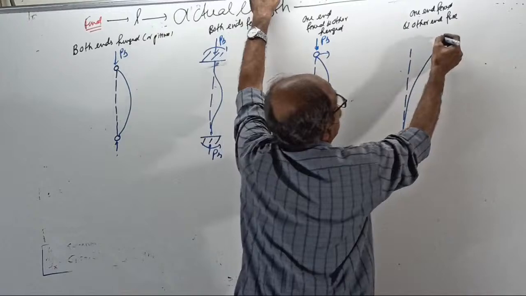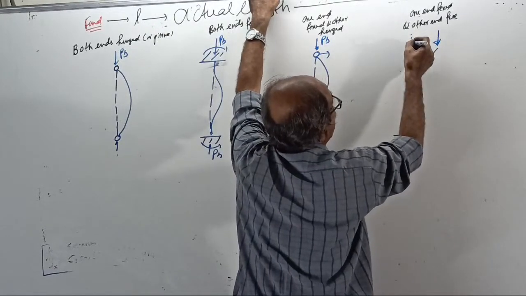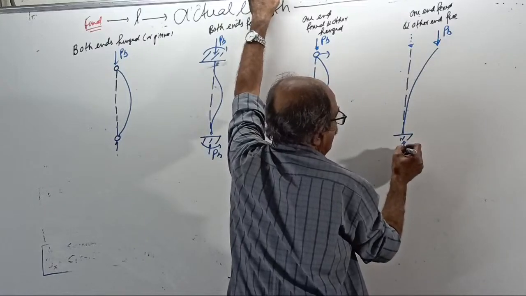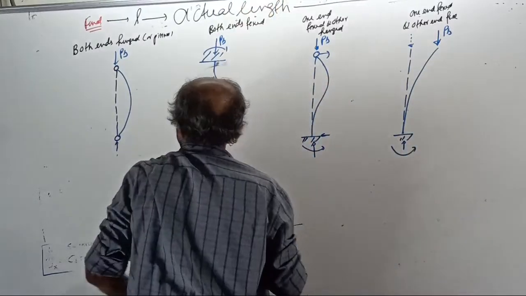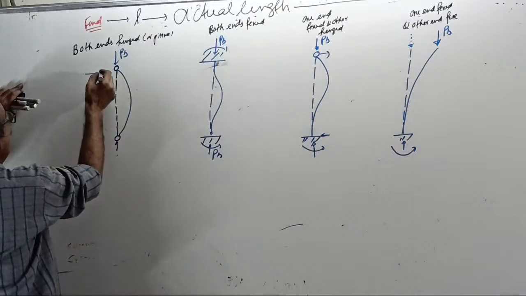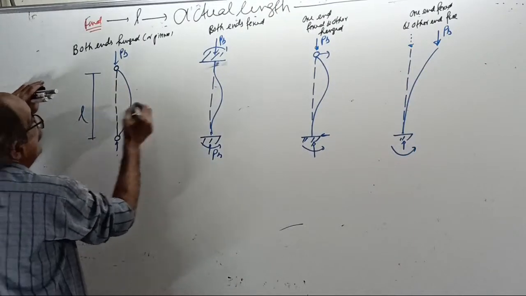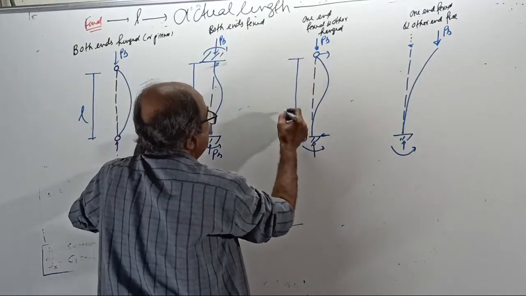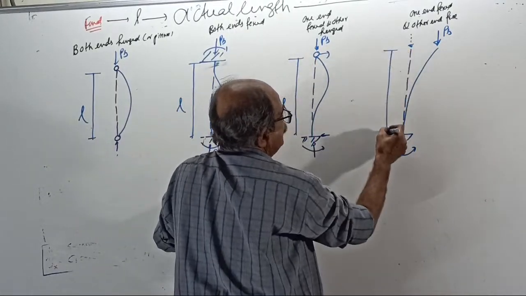Okay, here, buckling load PB is here, not there. Load will shift here, PB, and here, reaction and moment. Okay, over. Now, everywhere, length is L. Here also, actual length is L.